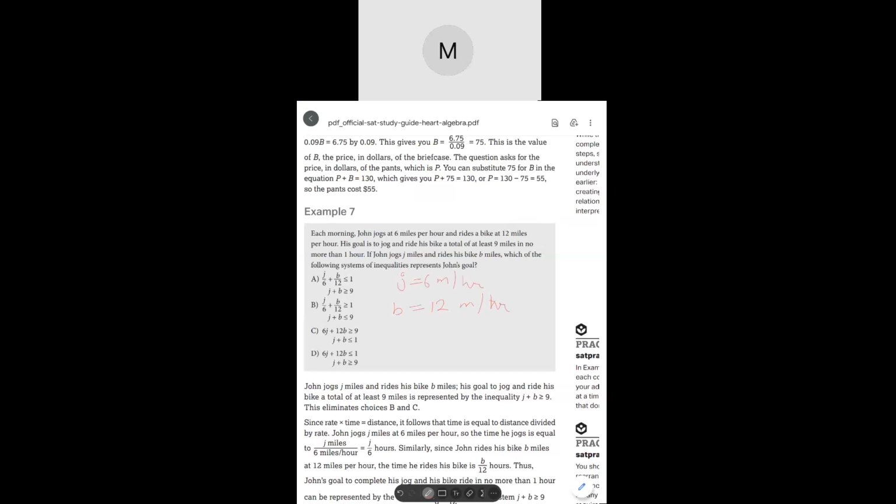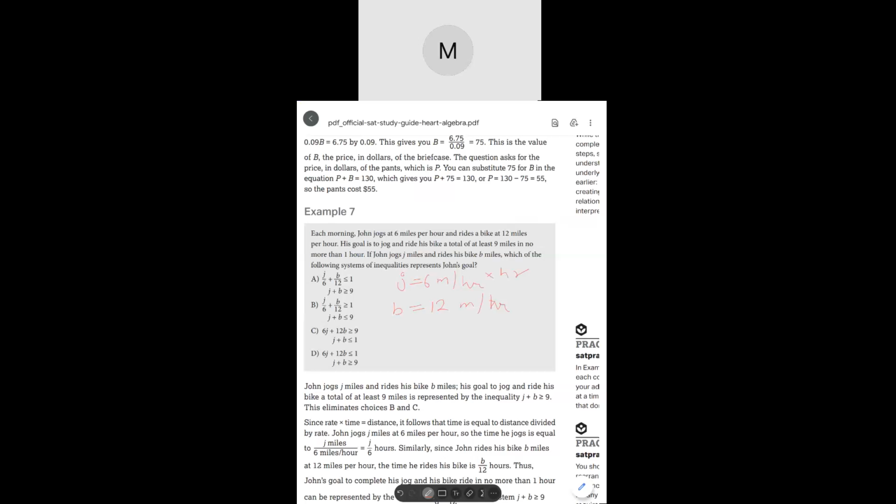Now, in order to get miles out of miles per hour, you have to multiply by time, right? Because miles per hour, only if you multiply with an hour, you'll get the miles back. So you already know that this has to look like a multiplication question. It cannot be a division question, or it can be, but let's go through the whole thing and see if we can find out from the equations here.